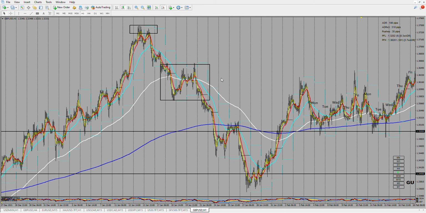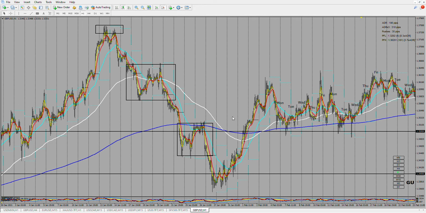After that, what do we see? It broke the previous support, another impulsive move to the downside, and gave us a pullback, right? This pullback, we are going to call it level 2. What happened after that pullback or consolidation?